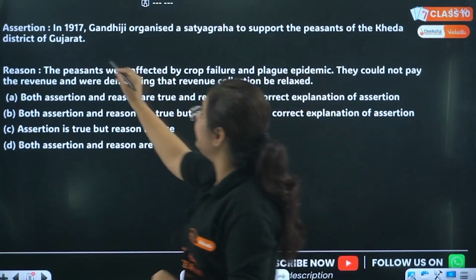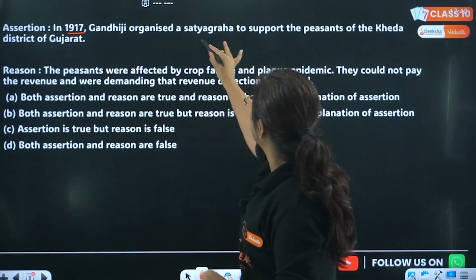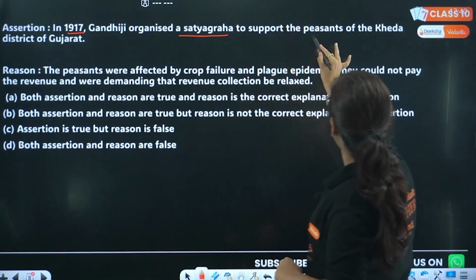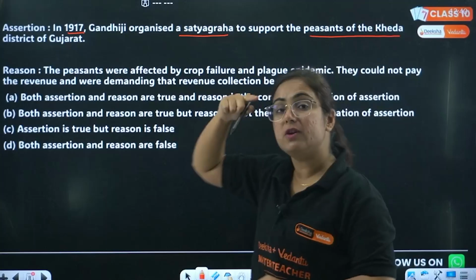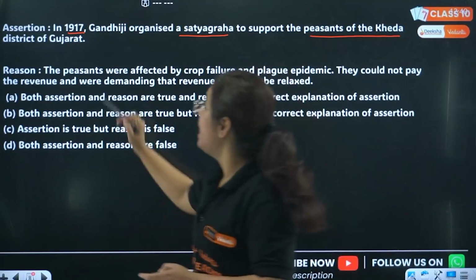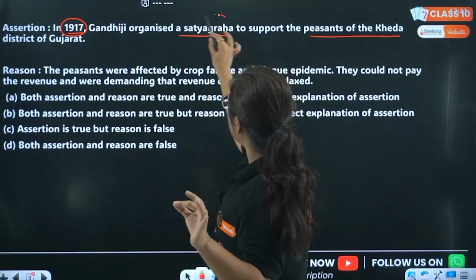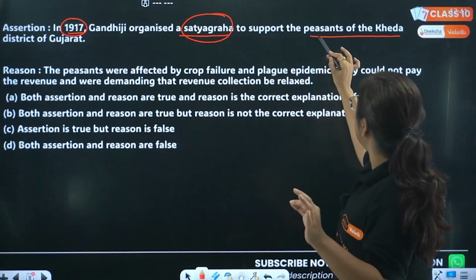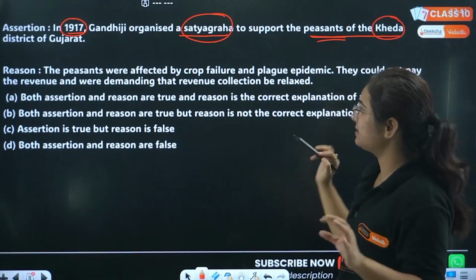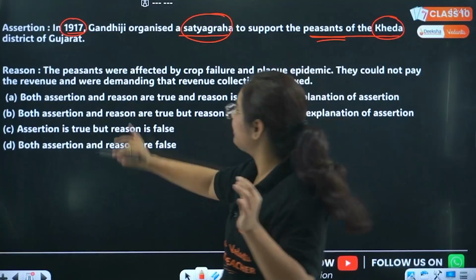Assertion: in 1917, Gandhiji organized a satyagraha to support the peasants of Kheda. First of all, was it in 1917? Yes. Was it a satyagraha? Yes. Peasants of Kheda? Yes.